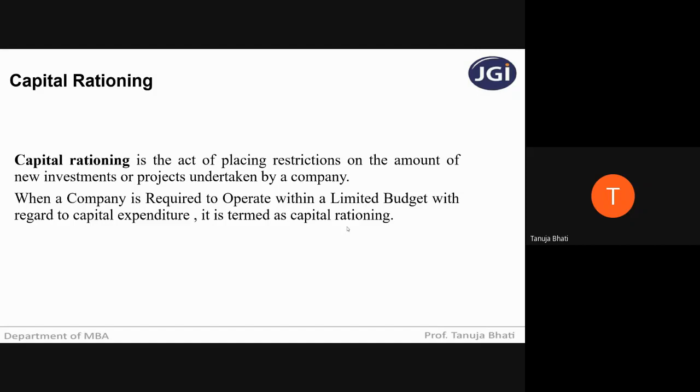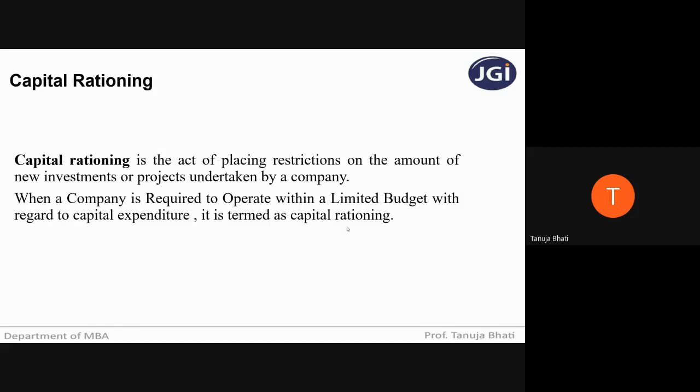And every company will have a different budget, because every company goes through different scenarios and conditions, and carries on different operations. It is not that if this company has a budget of 10 crores, the other company also will have a budget of 10 crores. Every company has a different budget because they work in different environments.